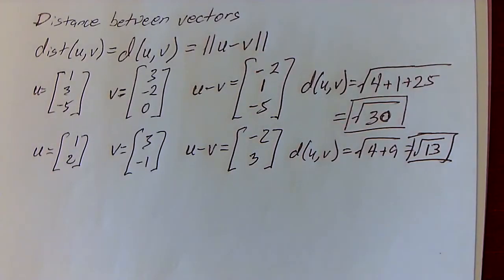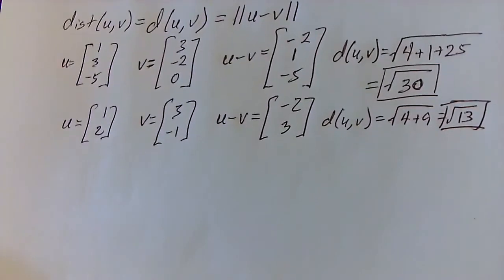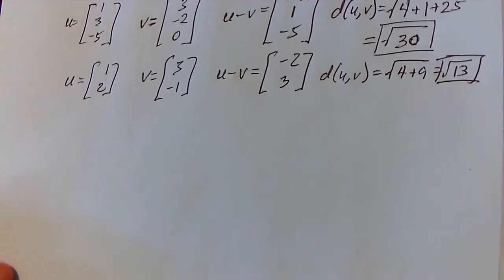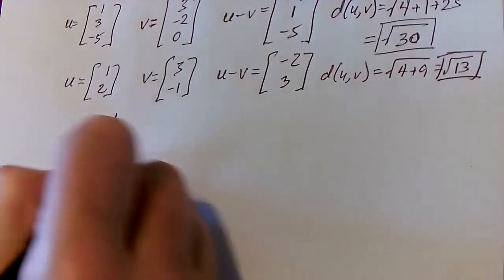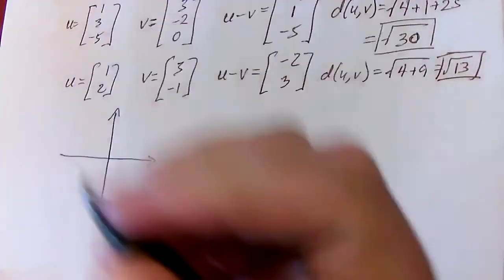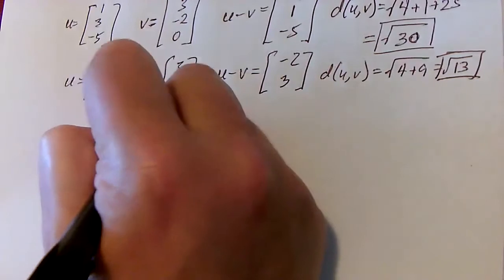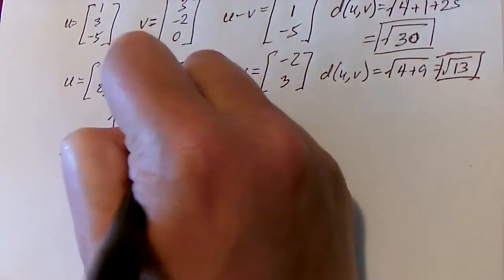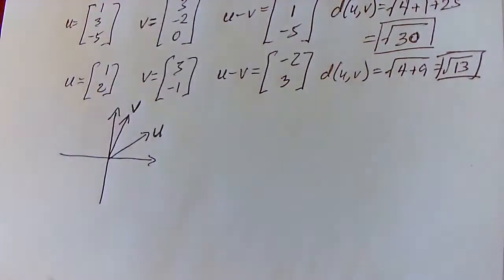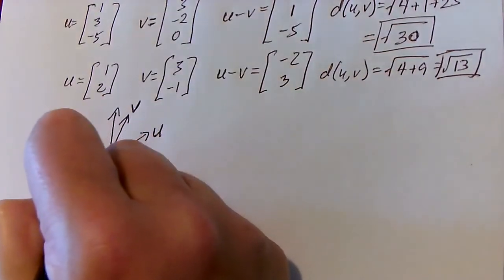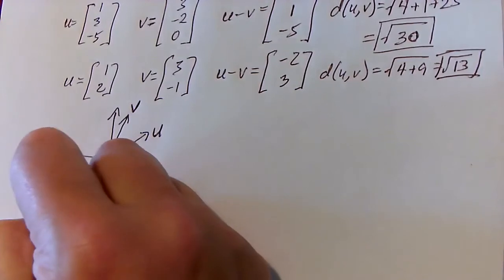Now let's consider some special kinds of vectors here. We're leading up to orthogonality, which was the third word there at the start of the section. So let's take a look at some vectors visually here. I'm going to have a vector u. There's my vector u. I'm going to have a vector v. There's my vector v. Now coming out the back side would be a vector negative v.